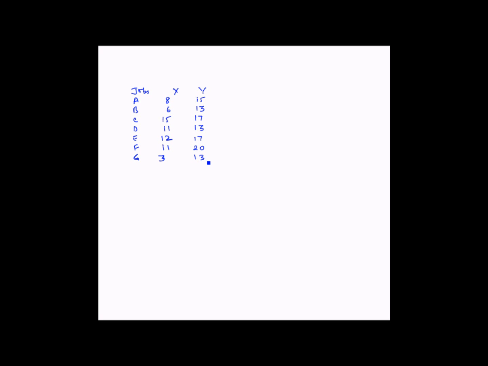Now let's first select the shortest processing time. So here the shortest processing time is for job G on machine X, that is 3. Now as per Johnson's rule, if the shortest time is for the first machine, do the job first, and if it is for the second machine, then do the job last. So this is for the first machine, that is X, so we'll sequence G in the beginning.